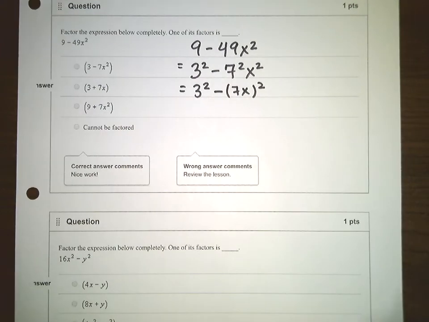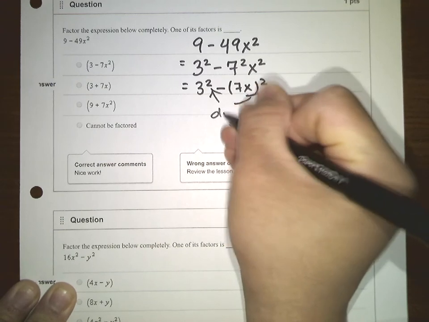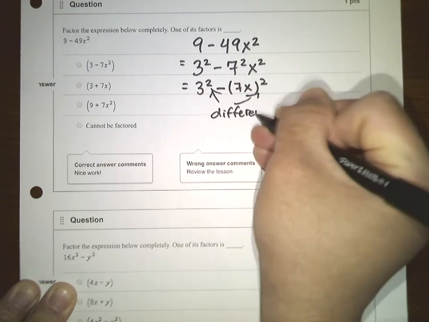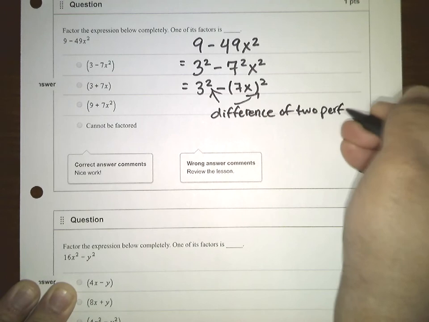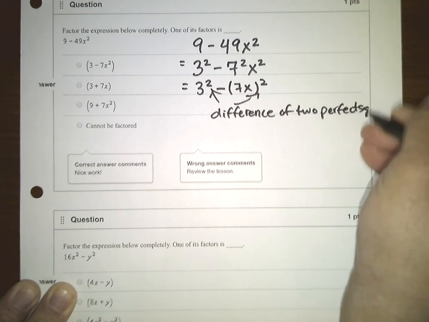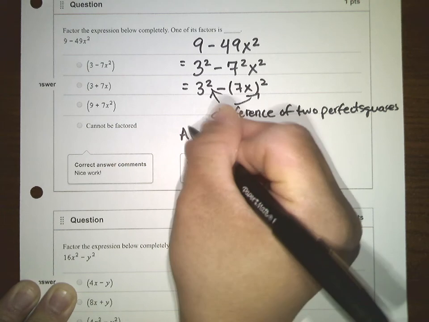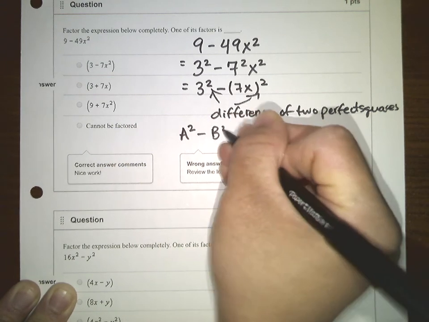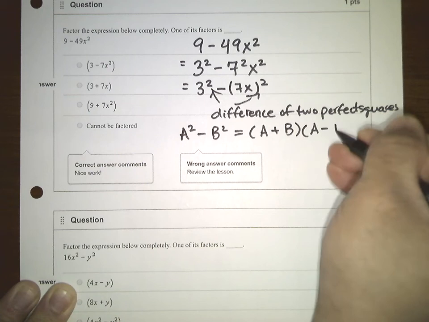But then if I have two perfect squares, the difference of two perfect squares can be factored. So the formula is a squared minus b squared is a plus b, a minus b.